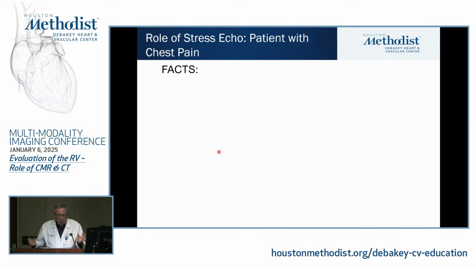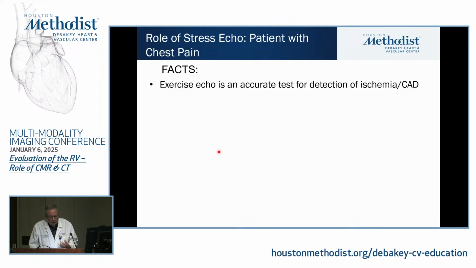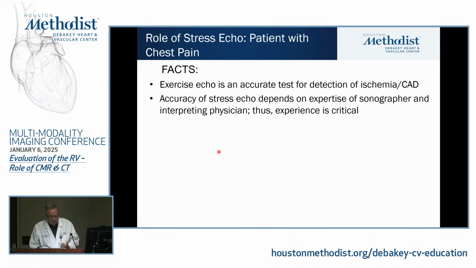All right, so putting all this together, what are some facts that we can talk about in terms of stress echo? First of all, it is an accurate test for detection of ischemia and coronary disease. Its accuracy, however, depends on expertise of sonographers and, of course, the interpreting physician. But the sonographer is key.